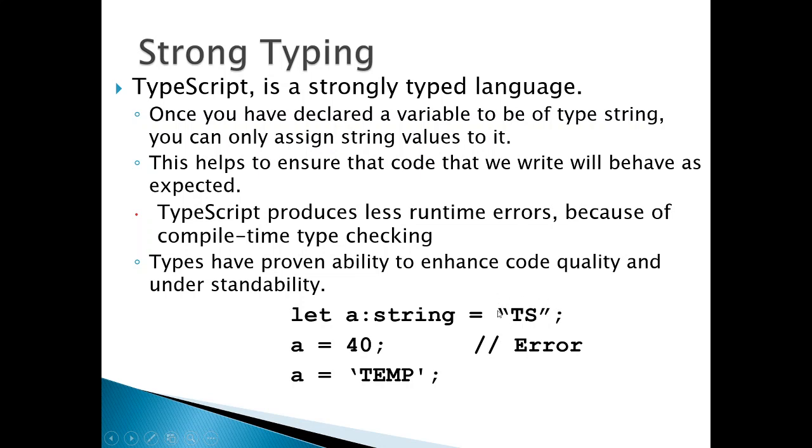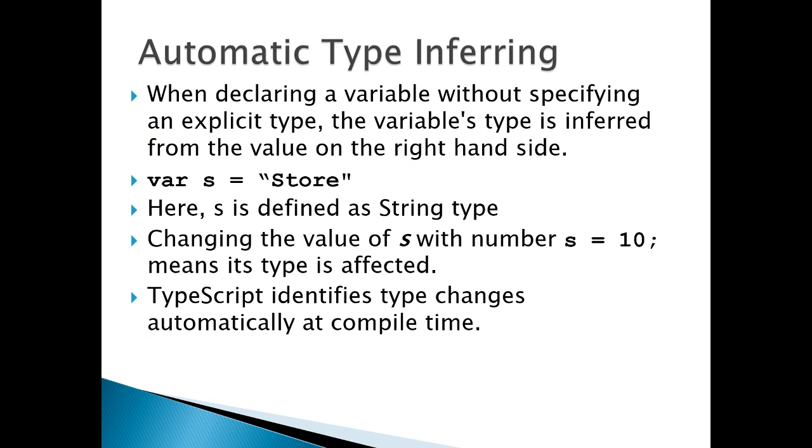with this initial value. If we assign a is equal to 40, it will give us an error because it is a string. You cannot assign a number to a string, or if this is a number, we cannot assign it a string. So it is a strongly typed language. If you don't define the type, what will happen? It will infer the type on first assignment.